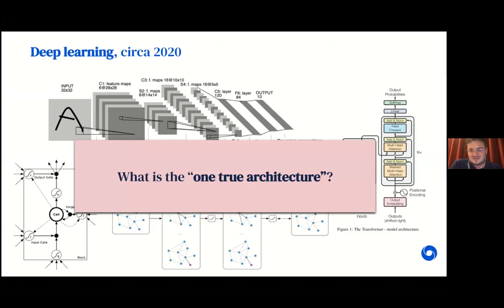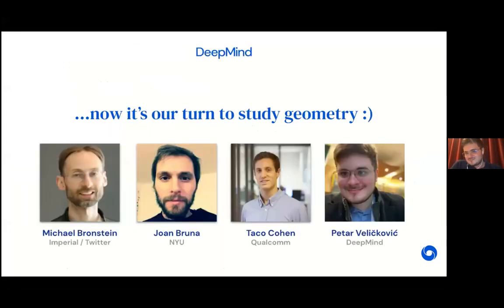And if history is to teach us anything, it's that now is the right time to be looking at the various geometric principles that might be underlying these architectures. And through such an effort, in the spirit of the Erlangen program, we may try to rederive all these popular geometric architectures. And as a result, now it's our turn to study geometry.